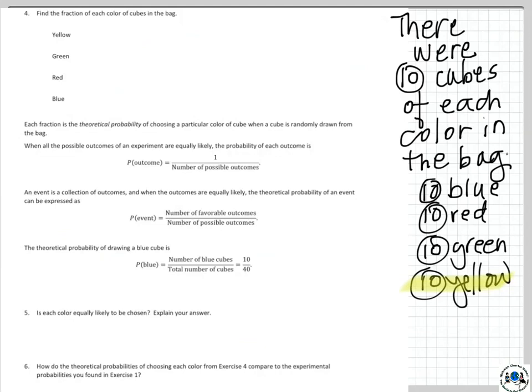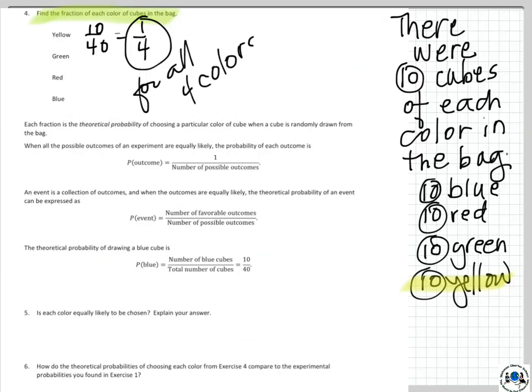So let's use that information to come up with our probability for each of these colors to be picked. In fact, we make a fraction of each of the colors in the bag. Each color equals 10 over 40, because there's 10 of each color out of a total of 40. And that, of course, is 1/4. So each of the 4 colors has a fractional probability of 1/4, or 1 out of 4.